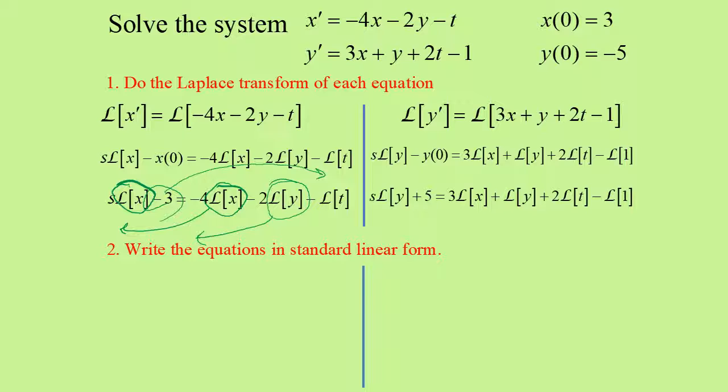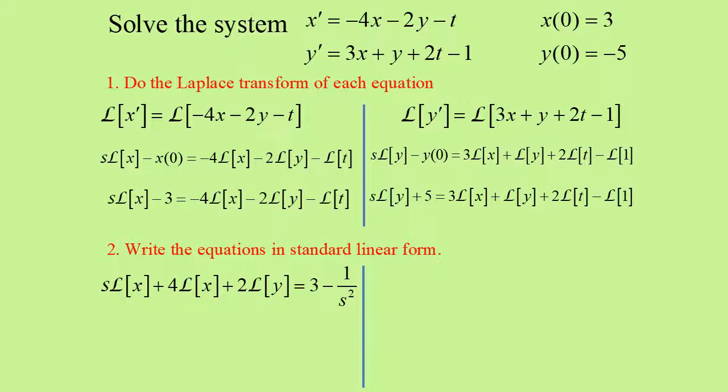At the same time, we can go ahead and take out our Laplace table and look up the Laplace of t and put that in here. And then simplify some. And then we'll do the same thing on the other equation.